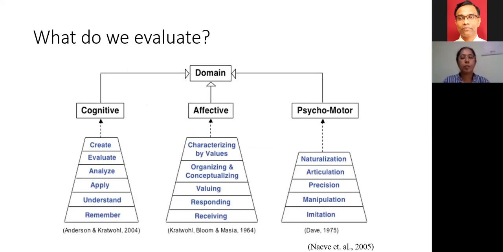we have three domains of learning: cognitive, affective, and psychomotor. These things you might have heard even in the staff development programs. In the cognitive aspects, when you talk about evaluation, we always think about assessing the knowledge of the learner, not much about the skills. Sometimes we talk about skills as well, but mostly we talk about knowledge because we give them written examinations.